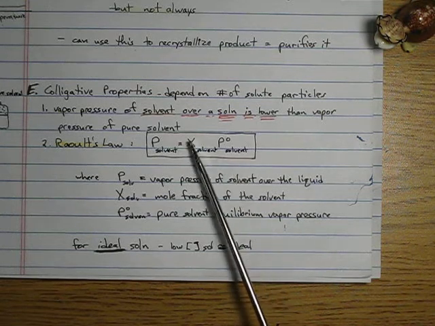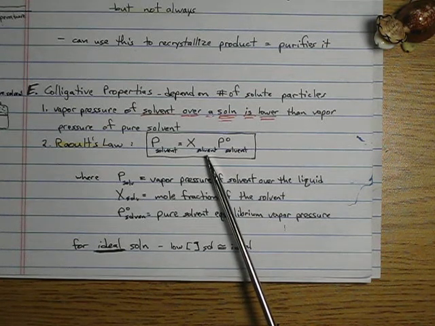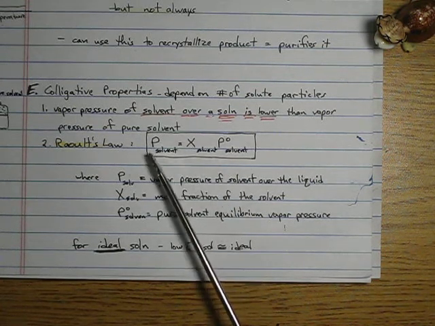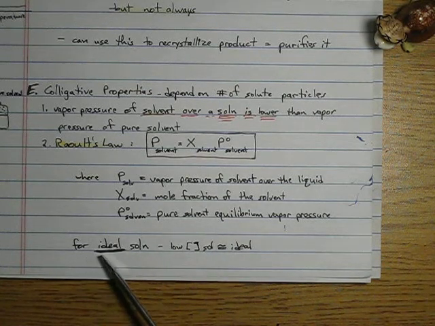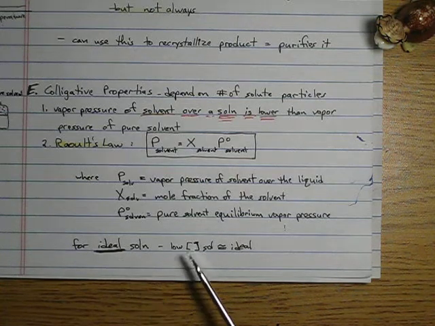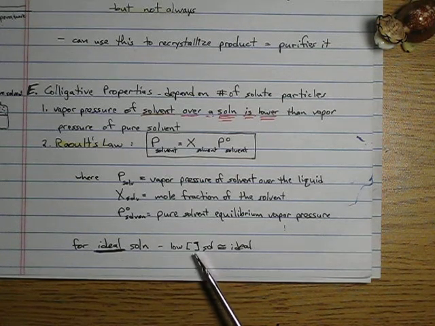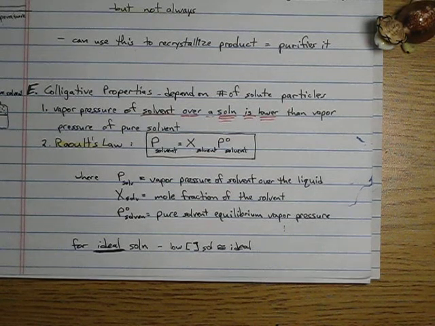Multiply that by the mole fraction of the solvent, and you get the new vapor pressure of the solvent, which will be lower than the original vapor pressure of the pure solvent. Note that Raoult's law is in general for ideal solutions where you've got a low concentration of your solute. The concentration of your solute is fairly low, and that's what we tend to see.